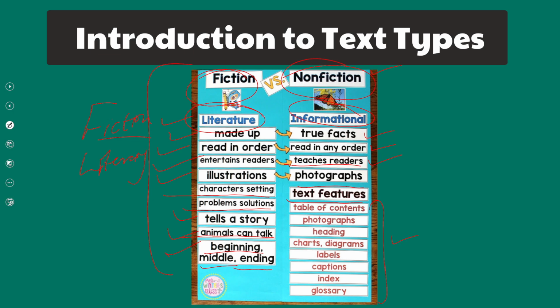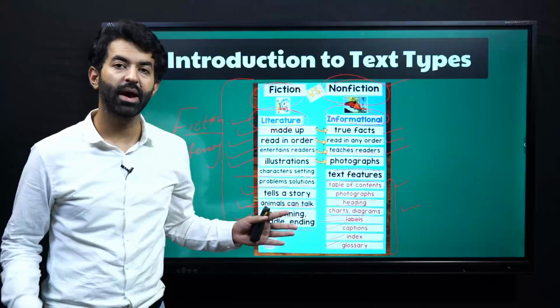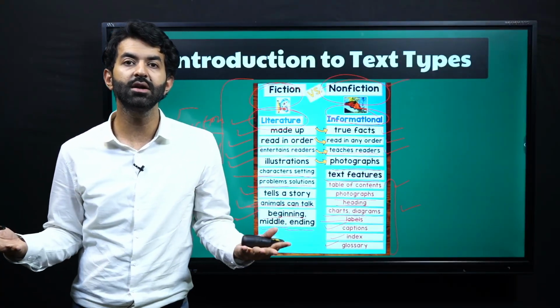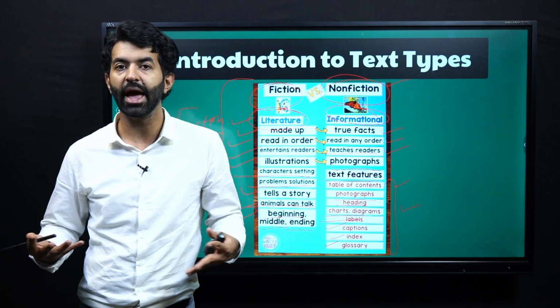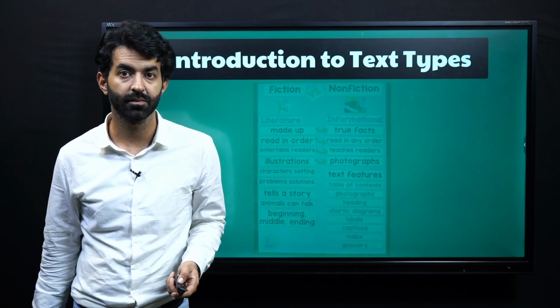You can find table of contents, photographs, headings, charts or diagrams, labels, graphs, captions, index and glossary. So these are all the text features of non-fictional text. So now by looking at this chart, you can clearly differentiate between fiction and non-fiction texts.